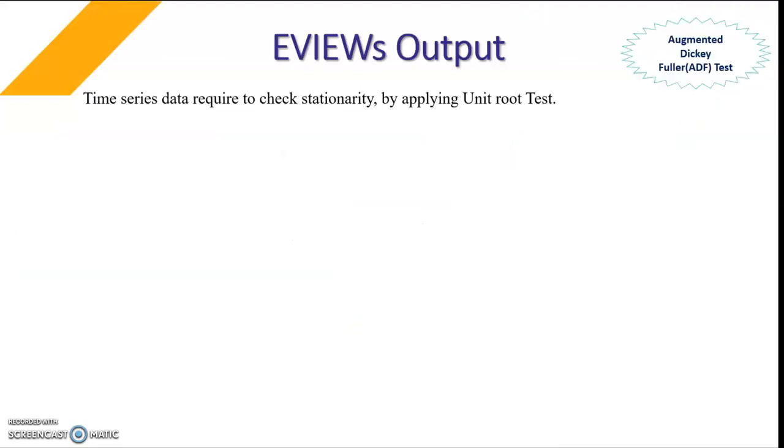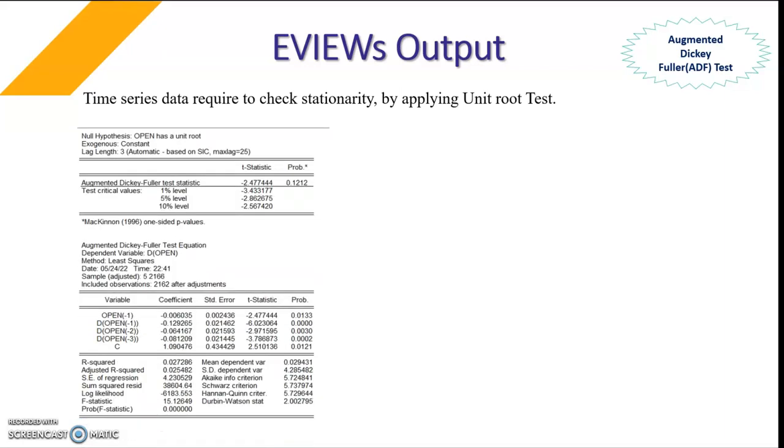Now, how to estimate the ARCH model? Time series data is required to be checked for stationarity first by applying the unit root test. In this table, we see the unit root test of the variable open, that is the start price, and the p-value shows that this series has a unit root at the 1%, 5% and 10% levels.